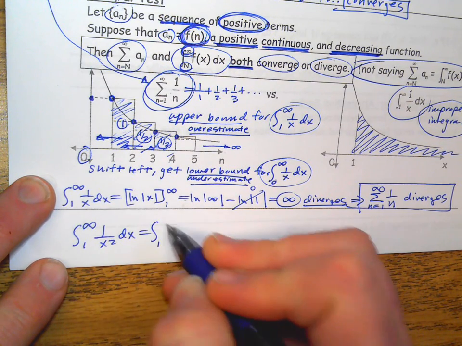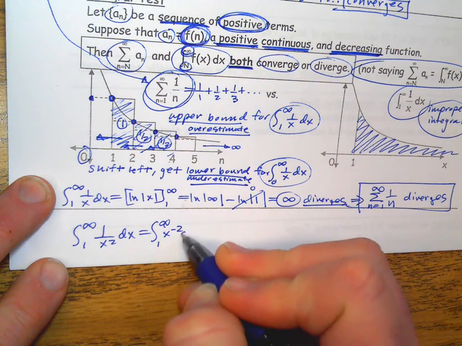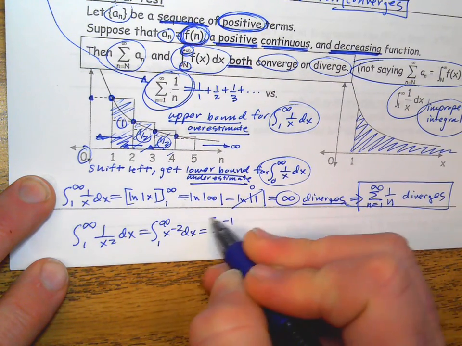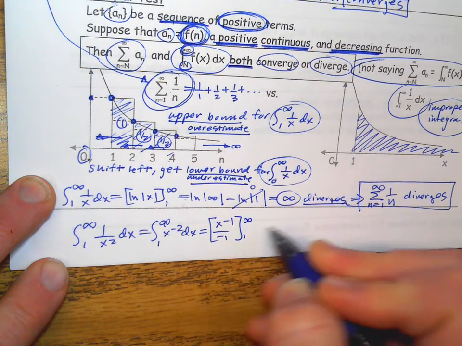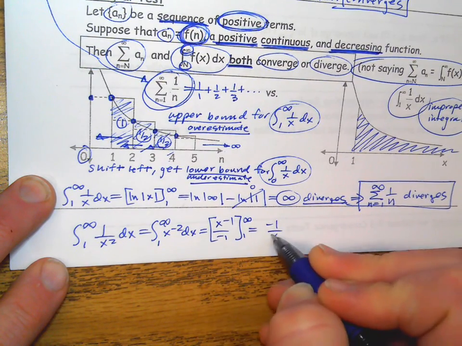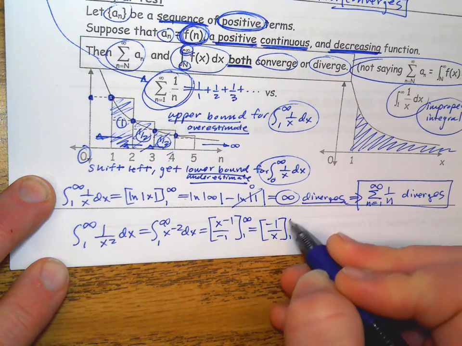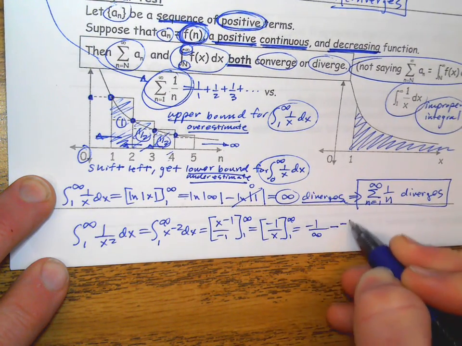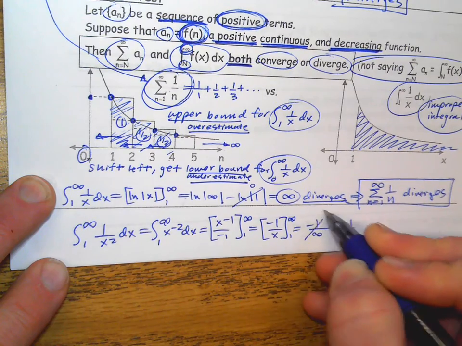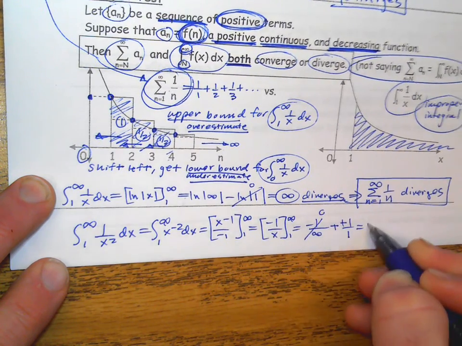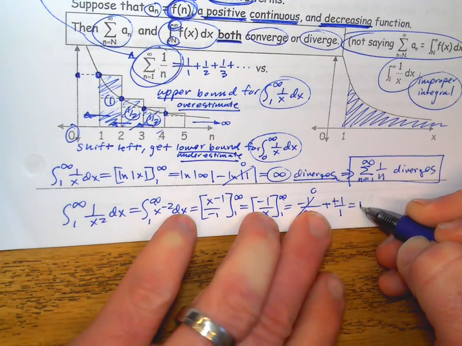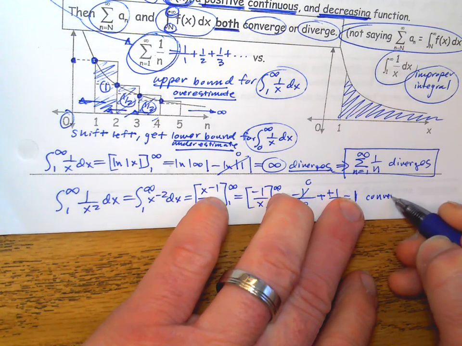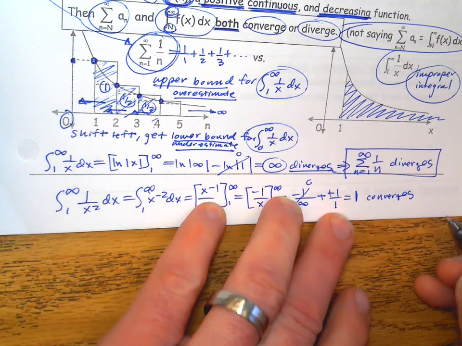This is the same thing as x to the negative 2. So that's going to be x to the negative 1 over negative 1, which is negative 1 over x, which is negative 1 over infinity minus negative 1 over 1. That goes to 0. This goes to 1. Now, the takeaway here is that it converges. The value is not actually important.